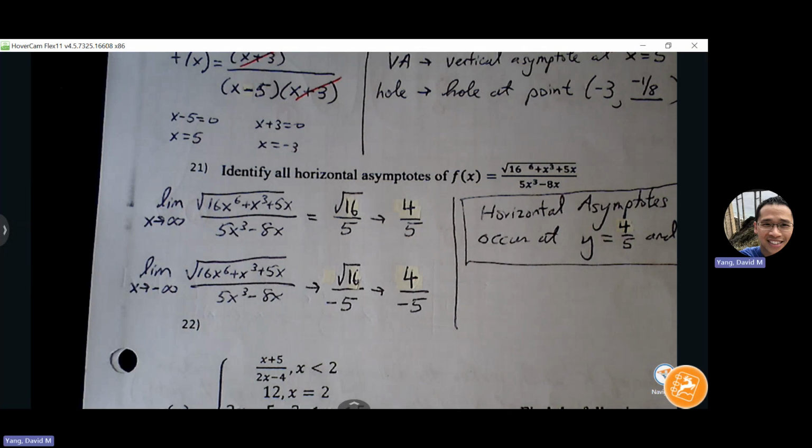But if it's just an expression with no equal sign, it's always the principal value, it's always positive. If the radical is already there, then it's always positive. But if it's an equation and you take the square root, then the plus or minus shows up.